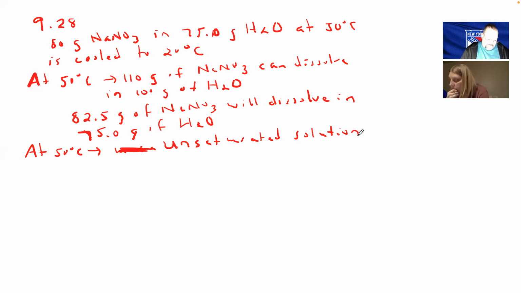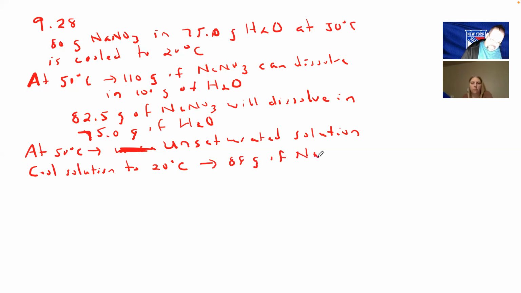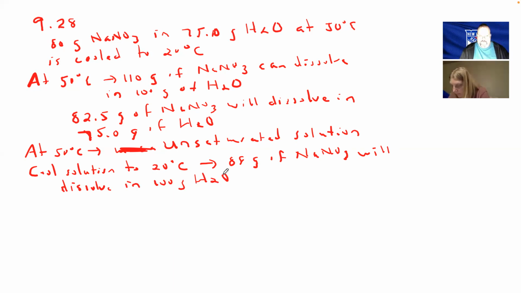So now we cool the solution to 20 degrees Celsius. And if we go back to the reference table, we find that 88 grams of NaNO3 will dissolve in 100 grams of water at this temperature. So now we want to do what we did before.